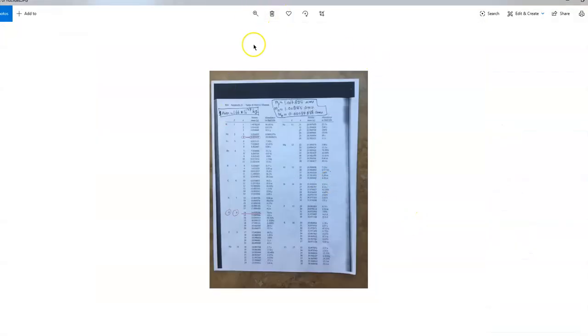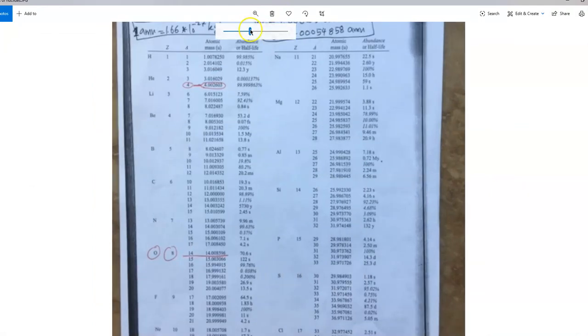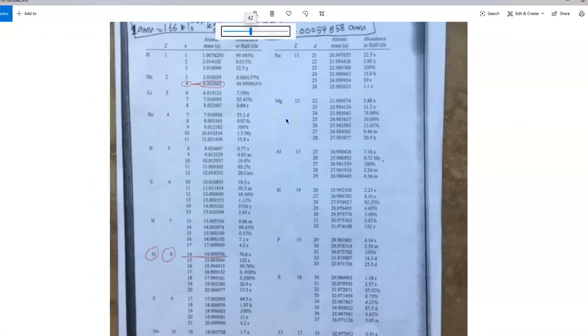There they are. The deuterium is right here. Do you see? It says Z equals 1, N equals 1, which is basically that.